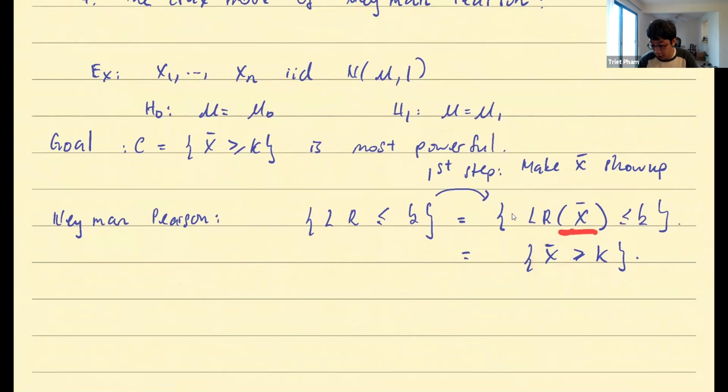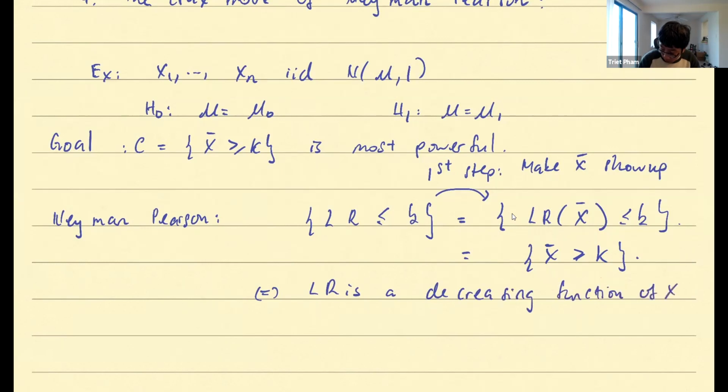Conversely, if this function is low, then this variable is high. Well, when does that happen? Answer: when this function is a decreasing function of that variable. So that's the crux move.